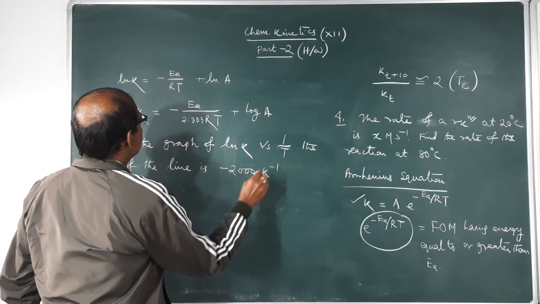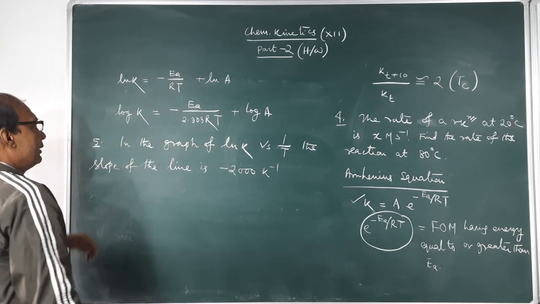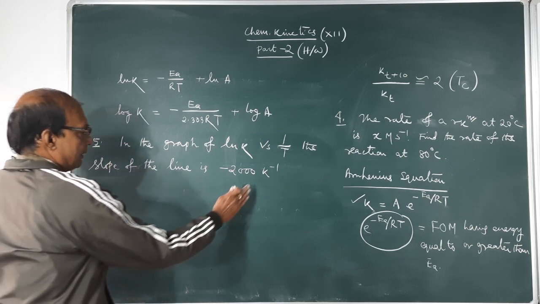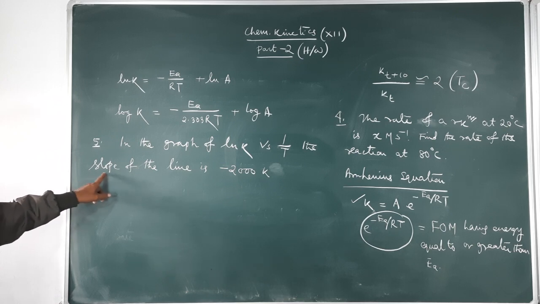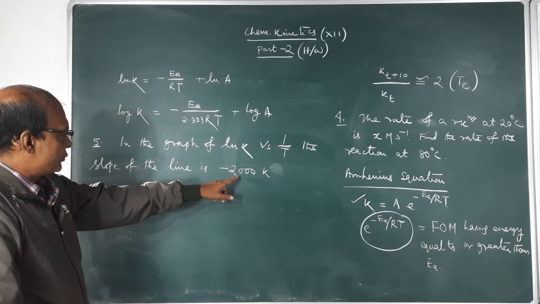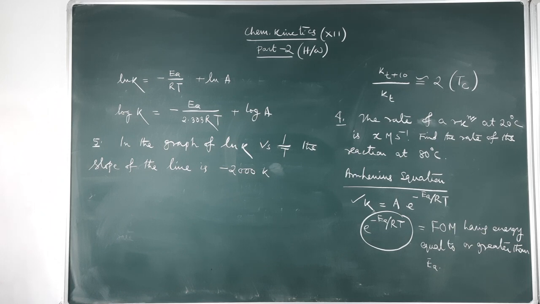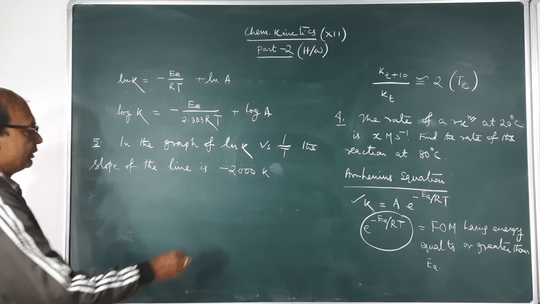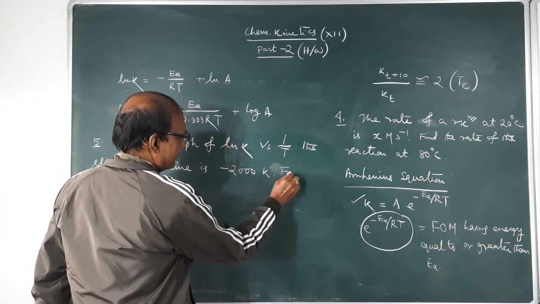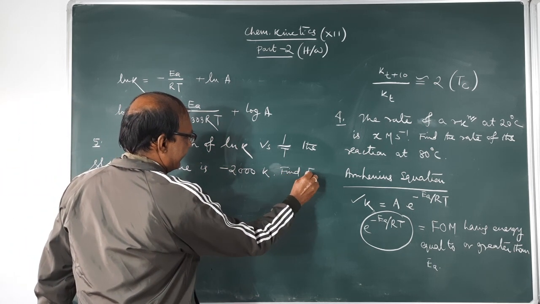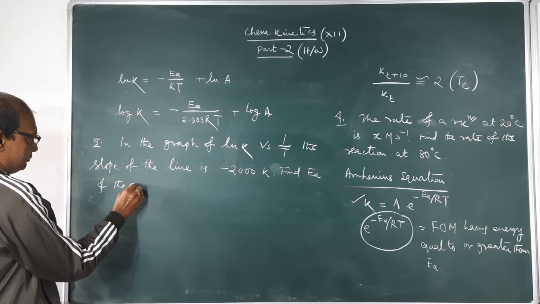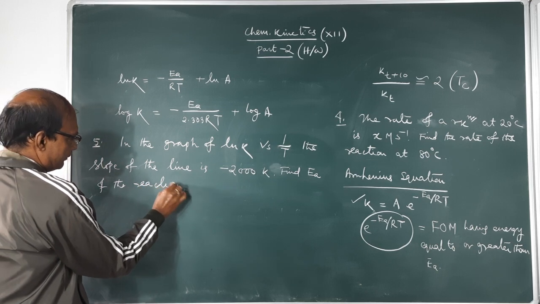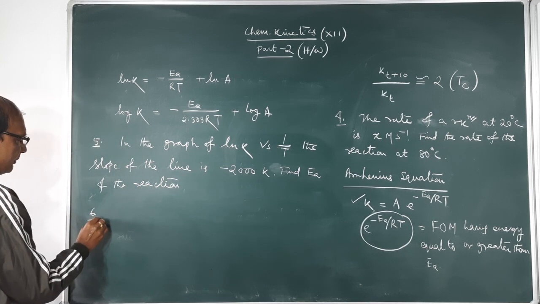The slope of the line is minus 2000 Kelvin. Find EA of the reaction. Question number 6.